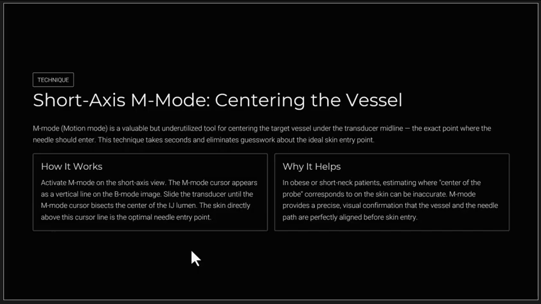And if you can keep your vessel centered on that vertical line, that means that you are under that middle part of your ultrasound transducer. So that can really help keep novice users in the right area, right below that beam, so that they are most successful in entering the blood vessel. It really takes out the guesswork about where the ideal skin entry point is.